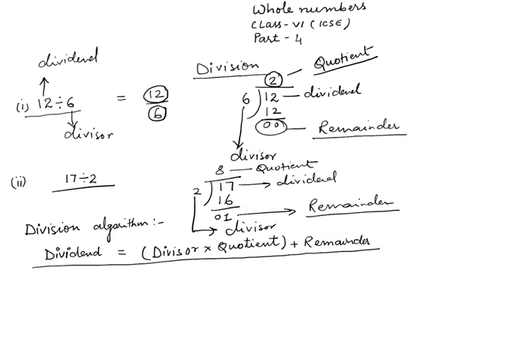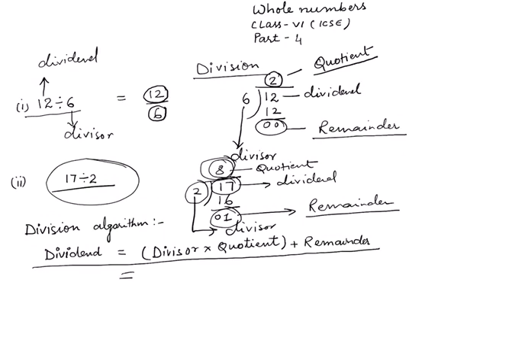It means that if we know the divisor, quotient and remainder, then we can find out the dividend. So we can take this example. Suppose this 17 is your dividend and we do not know it. With the help of this divisor, this quotient, and this remainder, we can find out the dividend.